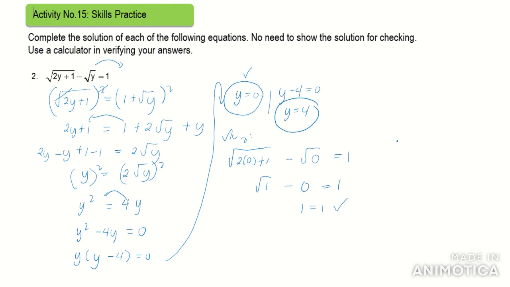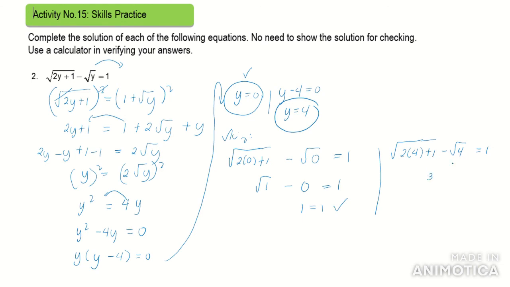How about y is equal to 4? So we have the square root of 2 times 4 plus 1, minus the square root of 4 is equal to 1. So we have 2 times 4 is equal to 8, plus 1 is equal to 9, and the square root of 9 is equal to 3.